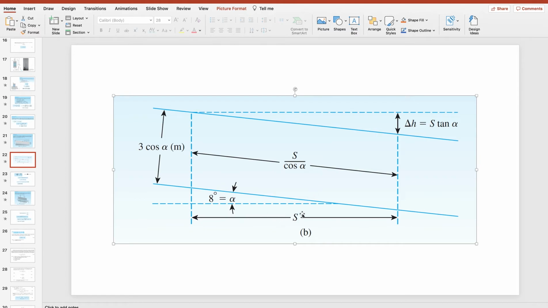So if this is S, and this is H, then H is S cosine alpha. Or if you don't want to memorize it, just copy it: this is H, this is S, delta H, S over cosine alpha.